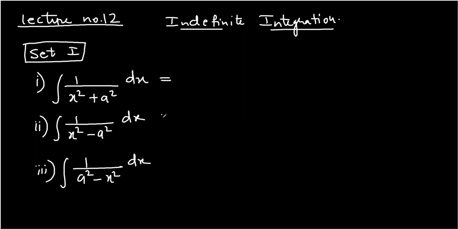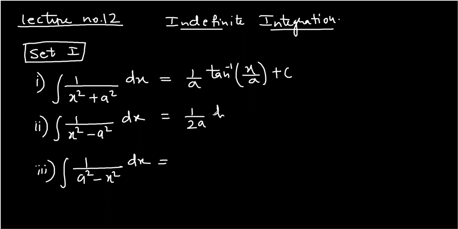Now, as you know, in these three, the first one looks different. It is 1 over a tan inverse of x over a plus c, whereas these two resemble each other. Their results resemble each other. And what is it? 1 over 2a log mod plus c.